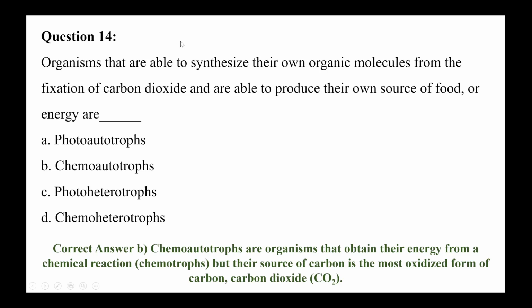In this question, the organisms synthesize their own organic molecules from the fixation of carbon dioxide, so they are autotrophs, and they produce their own source of food and energy. Since they are not using light as the energy source, they are not photoautotrophs. They are chemoautotrophs because they obtain their energy from a chemical reaction, and their source of carbon is the most oxidized form of carbon, that is carbon dioxide.